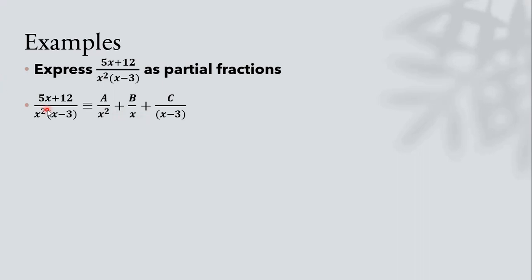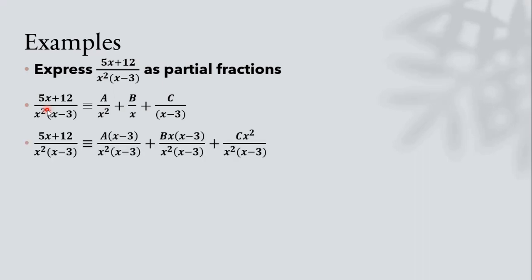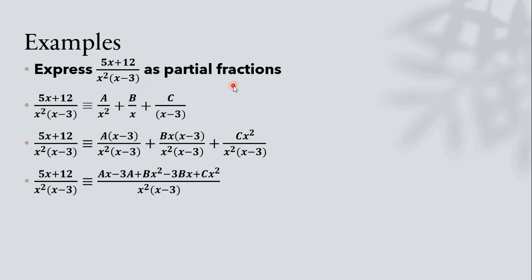So we get this when we multiply up to get the same denominator. Then we can times out the numerator because the denominators are the same. We can get rid of them.